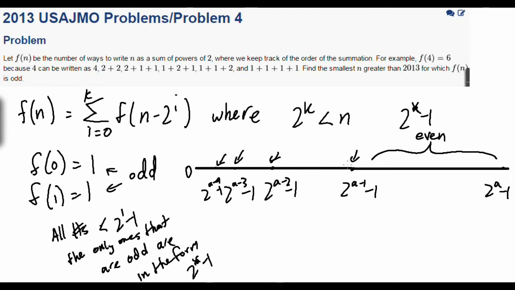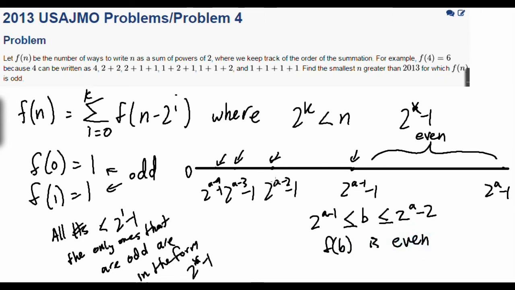So how do we prove it? How do we prove that for any number b, which is greater than or equal to 2 to the a minus 1, all the way to 2 to the a minus 2, fb is even?